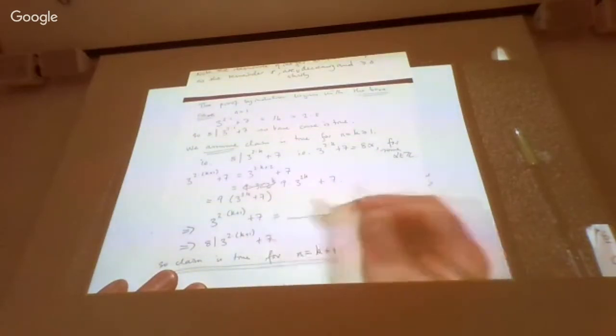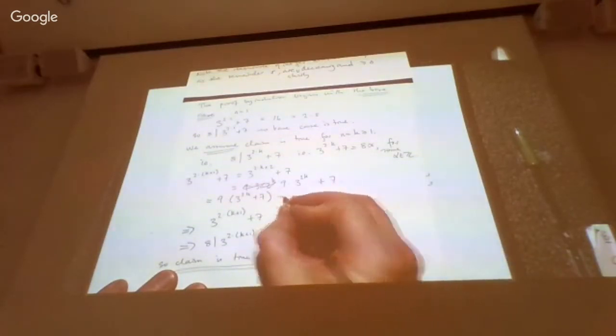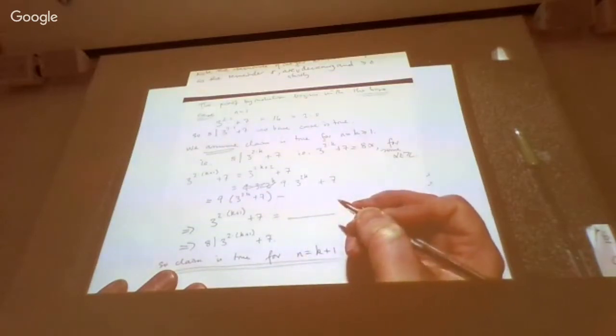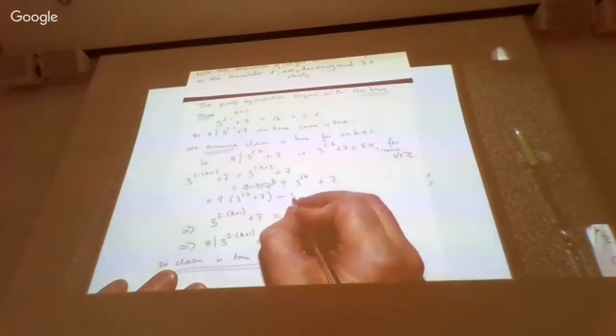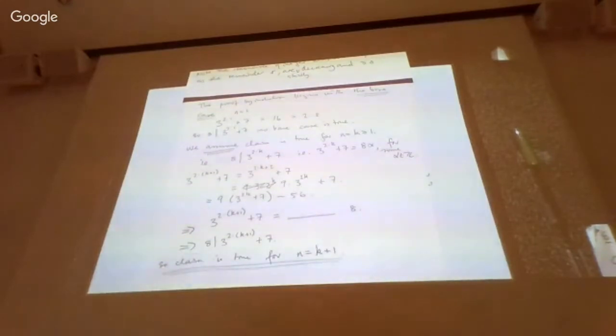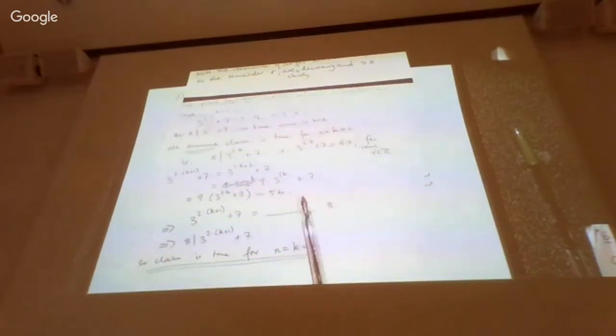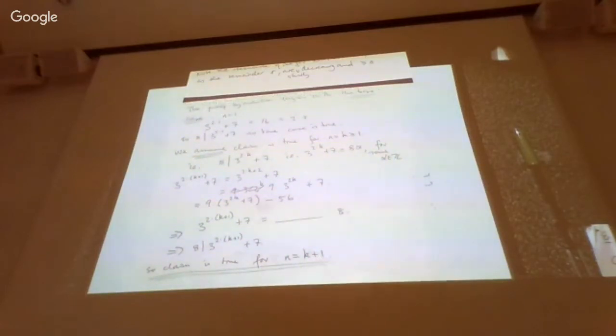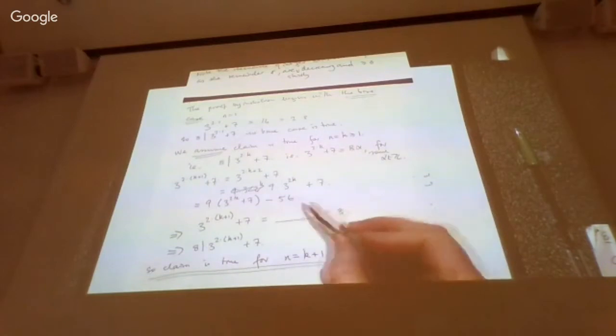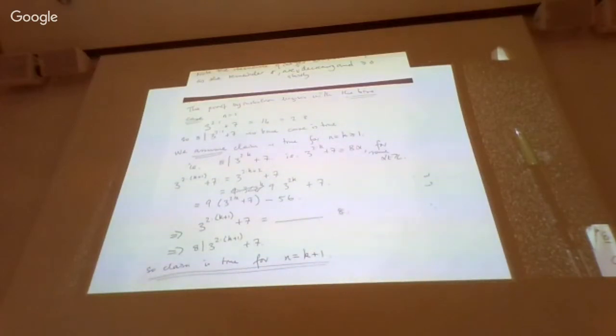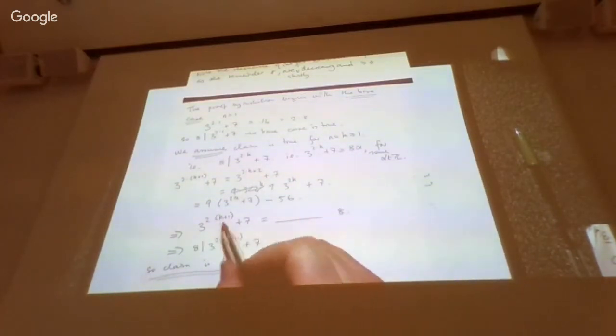So we want to take away something from 63 to make it 7. What was that? 56. Minus 56. It's like completing the square. You force it into the form you want, and that introduces a necessary correction. But of course, the correction is divisible by 8. So now I can write it this way.